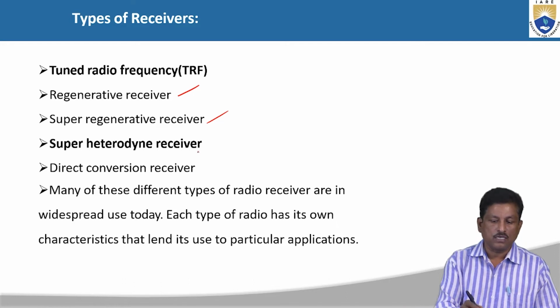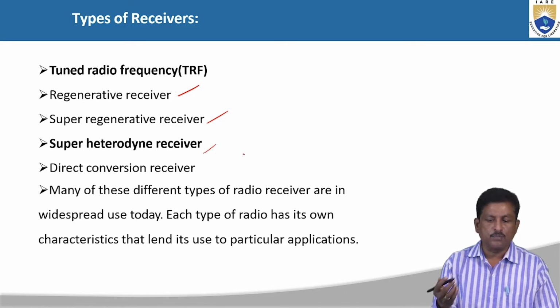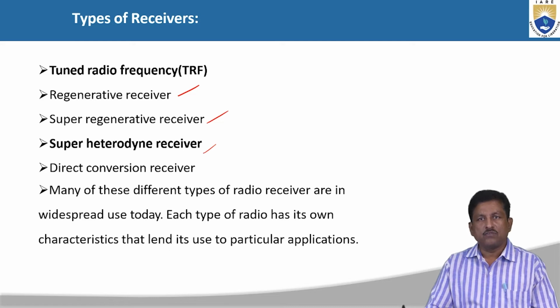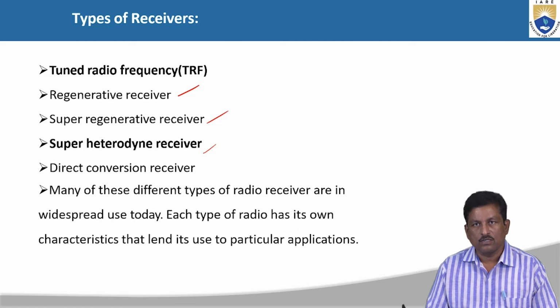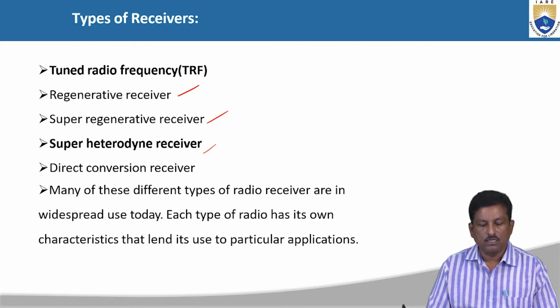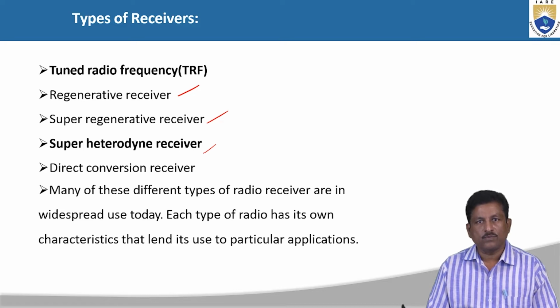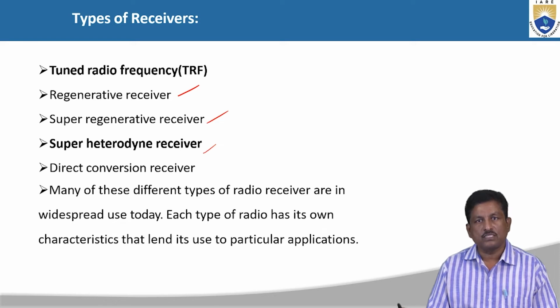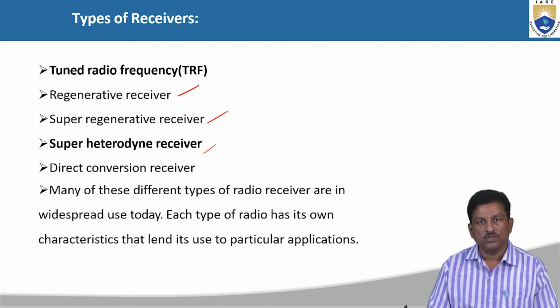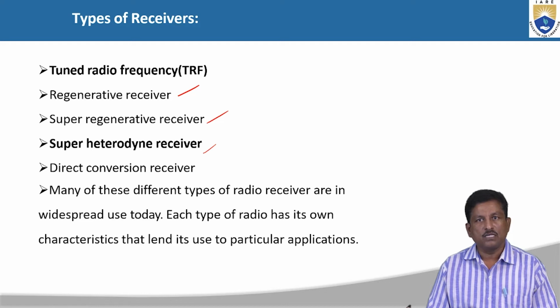So broadly, based on the frequency tuning, we have two types. One is the TRF receiver, another one is the super heterodyne receiver. In the super heterodyne receiver, the signal received is in the radio frequency range. Based on the generation of the local frequency by the local oscillator, the difference between the received radio frequency and the locally generated carrier frequency should be in IF form, that is intermediate frequency.